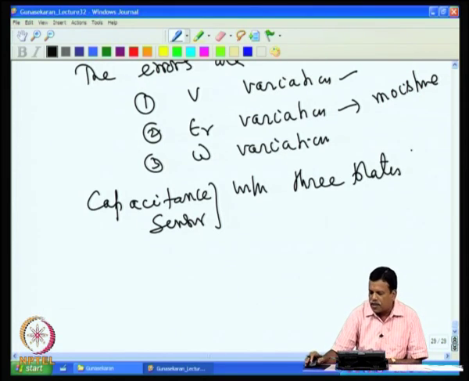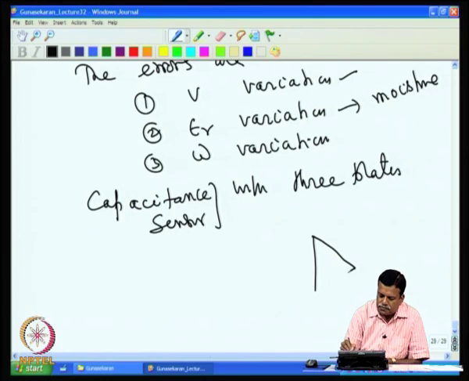What is done is that we can have this operational amplifier, and we can have one plate, then the second one, and the third one.